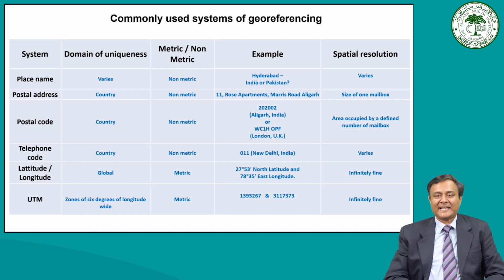So these are some examples of commonly used georeferencing. Here you need to understand the basic characteristics of georeferencing. As I was mentioning, the uniqueness, not only the uniqueness but also its consistency and also the resolution. Now, resolution is the perfectness of that particular georeferencing system. I am offering here many examples, and each one of them is a type of georeferencing.